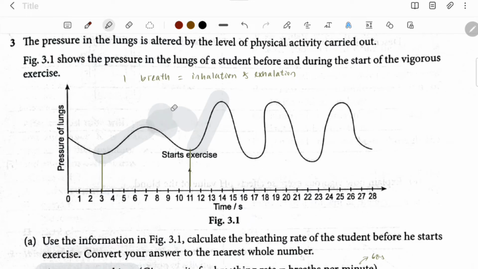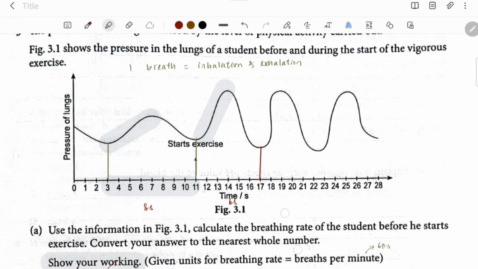And then after that, notice that before exercise the student took 8 seconds to breathe 1 time, and then after they start, from 11 to 17, so this one is actually 6 seconds only, this one is 8 seconds. Notice that the rate of breathing increased, the student breathes faster already.